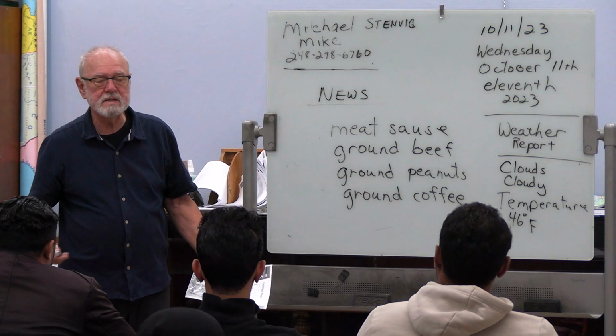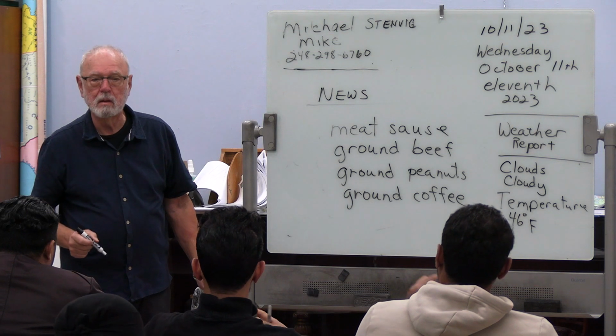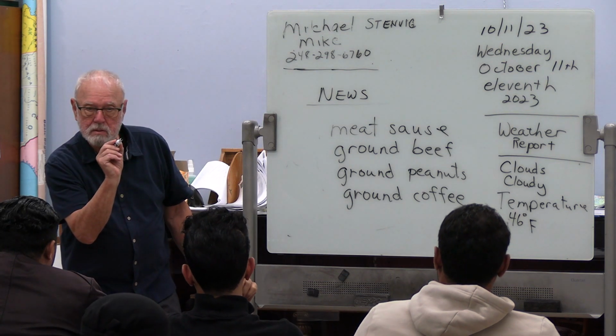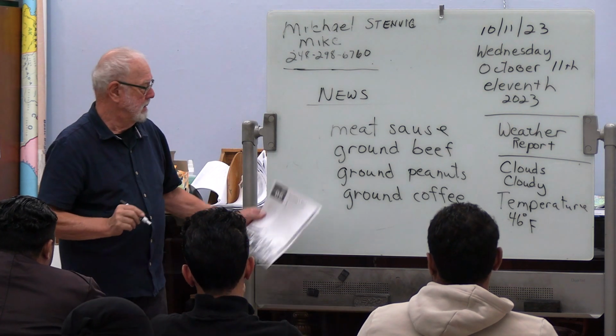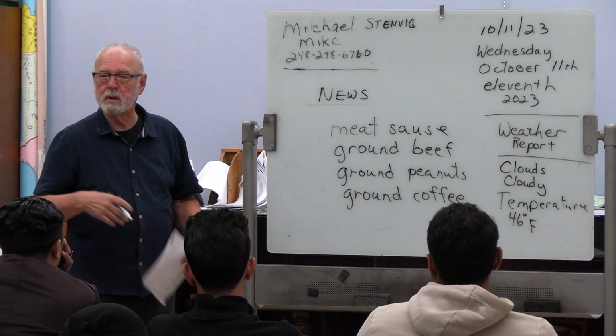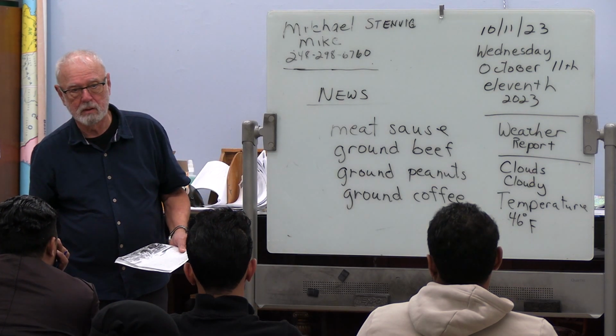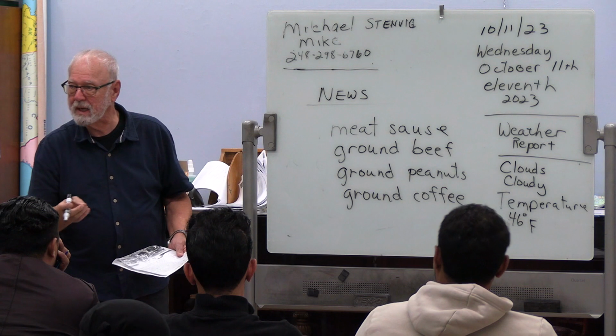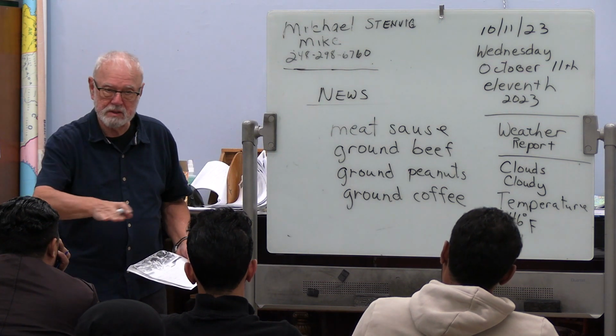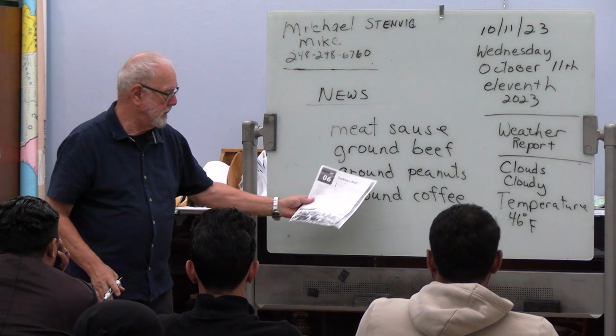All ground. What does that mean? Small pieces. Yes. Ground peanuts, we call it peanut butter. It's very smooth, almost like butter. You can spread it. It's ground peanuts.